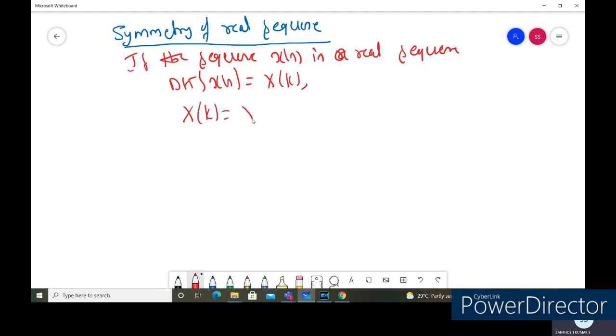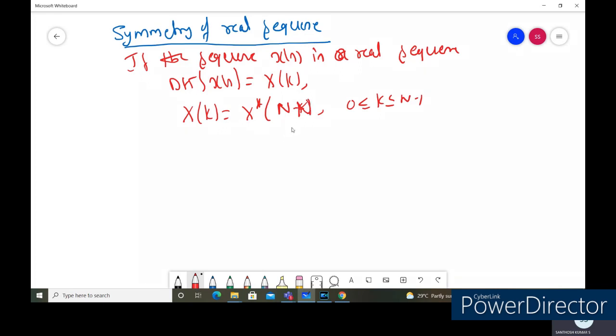That is, X of k is equal to X conjugate of N minus k, where k can take values from 0 to N minus 1. This is the very important property called the symmetry of the real sequence.